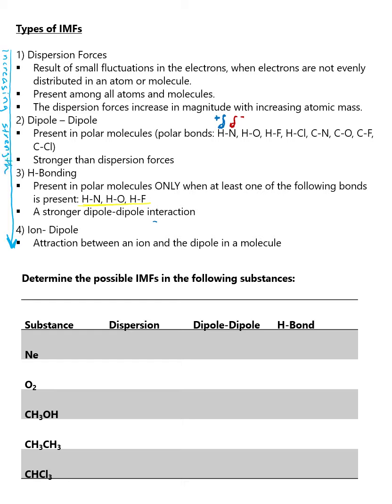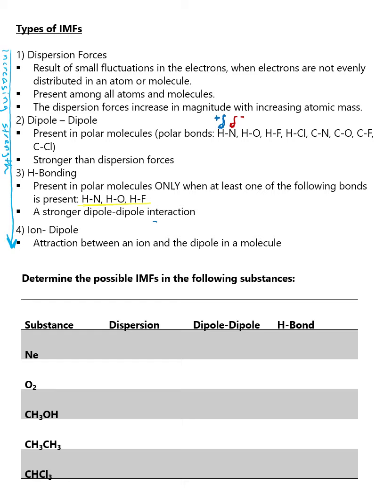So the weakest one is dispersion or London forces, and the strongest one out of the four is going to be ion-dipole interactions. So we need to know the basic definitions for your types of IMFs, and also how to identify which ones you have in specific compounds.